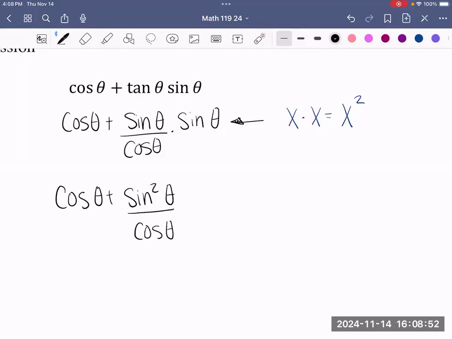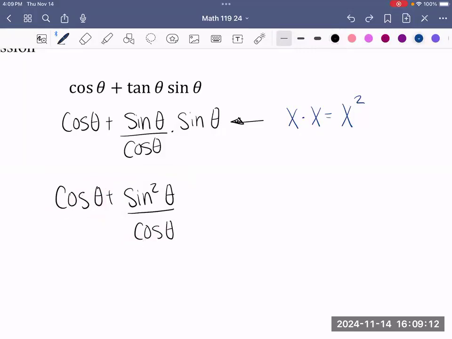Now, what would you do algebraically? Well, right now they don't have a common denominator. You have a cosine and then you have some fraction with a cosine. And no, these aren't going to combine or cross out, I should say. That's not how that works.